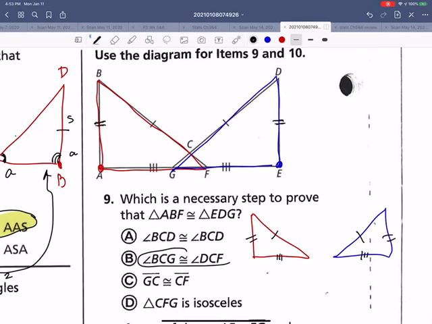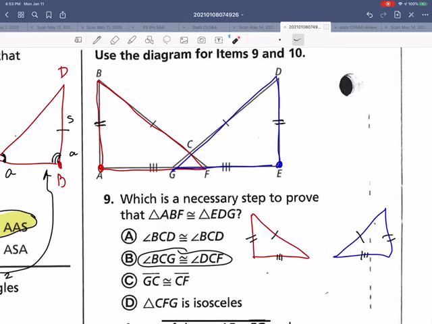this one is vertical. This is saying this angle is equal to this angle. We already know that, so I don't think I need that to prove. But what I'm a little confused, maybe I don't like this question very much, are these lines trying to say this whole side is equal to this whole side? It's kind of confusing.